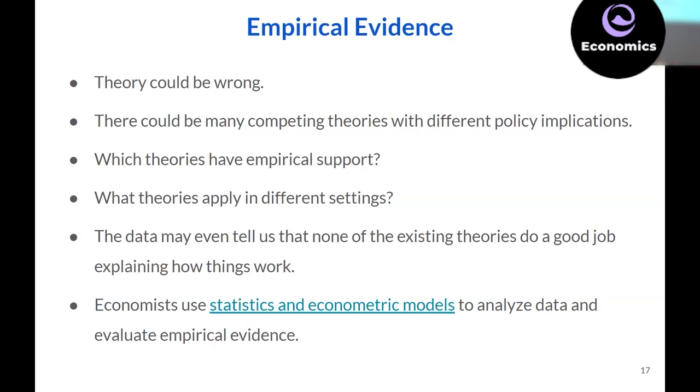A theory could be wrong, and there could be many competing theories with different policy implications. Then we want to know which theory has empirical support, or which theory applies in different settings. The data may even tell us that none of the existing theories do a good job explaining how things work. So economists use statistical and econometric methods to analyze data and evaluate empirical evidence.